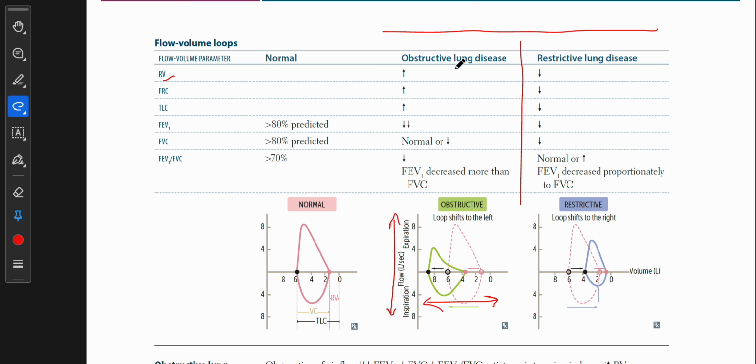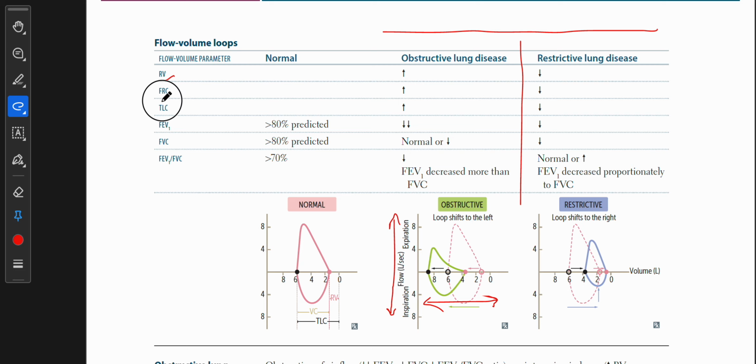In obstructive lung disease, the residual volume increases because the air that we need to exhale is not being exhaled. That is why the residual volume is increased. So obstructive lung disease is a disease of expiration; it is tough to exhale. In restrictive lung disease, we cannot inhale the air; that is an inspiratory disease, right?